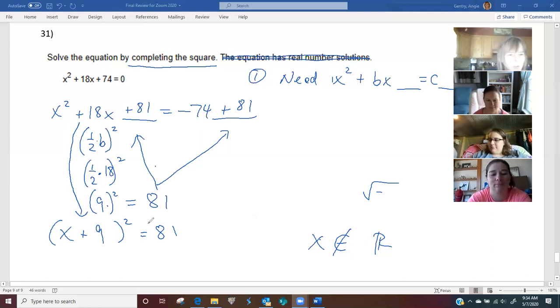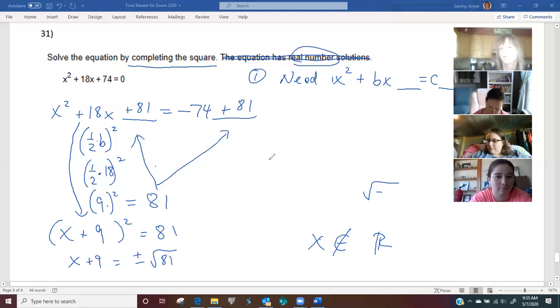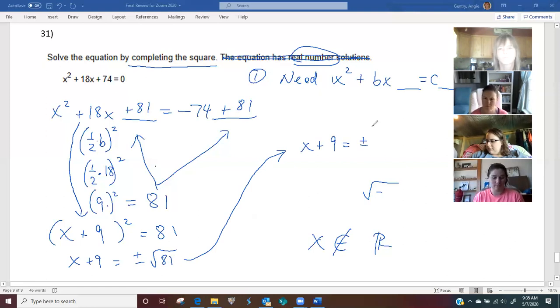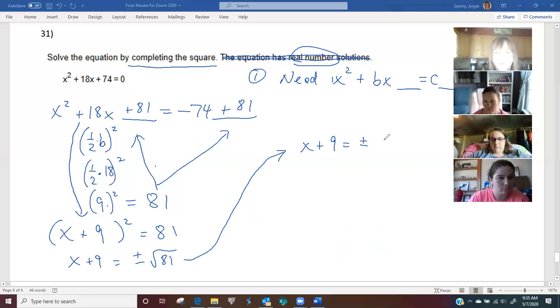Okay, so then we do the square root property. Interesting, this one. And you know, this is why it said real number solution. It tells me right now, and I can see it coming. And then you have to decide, when do you want to split this up?